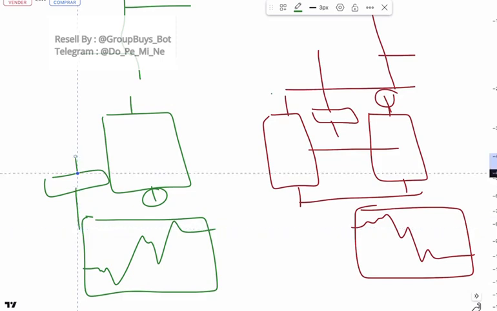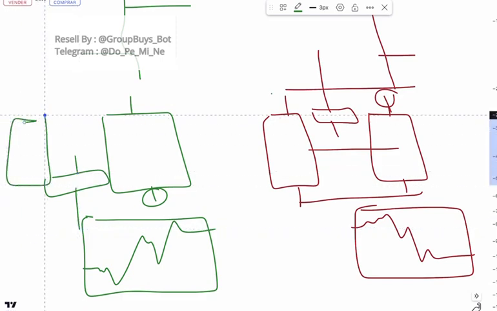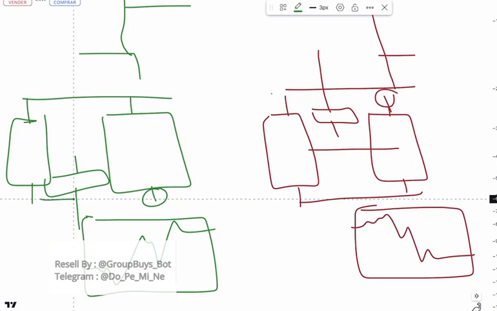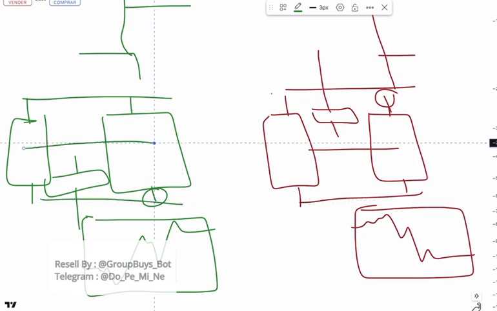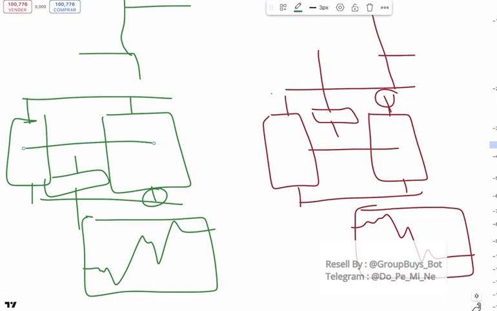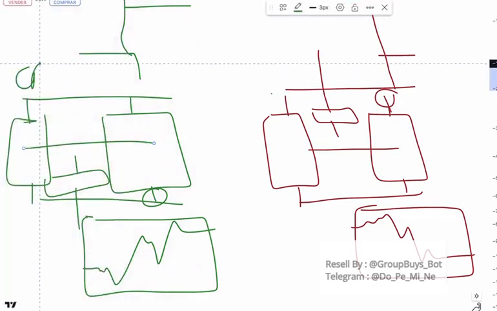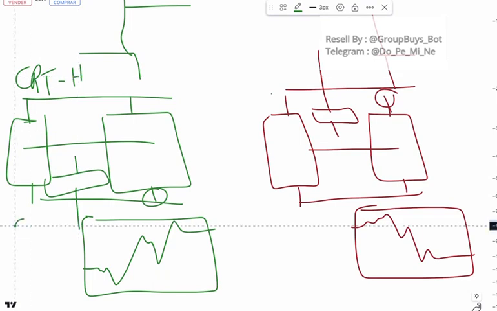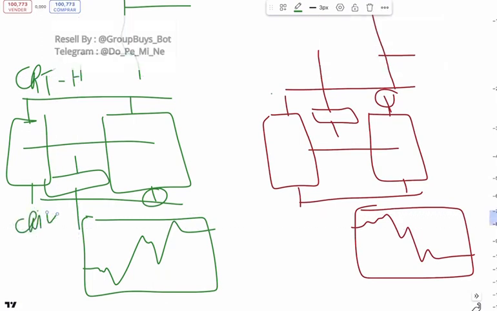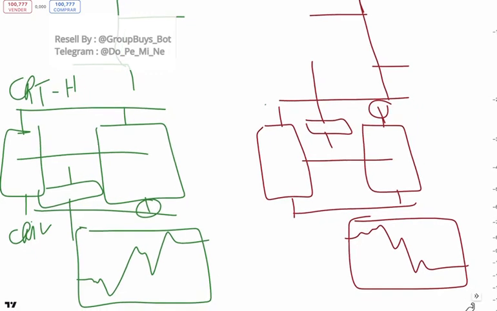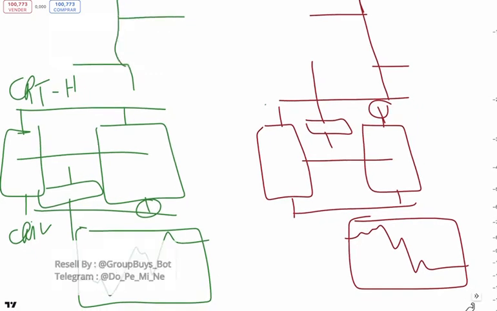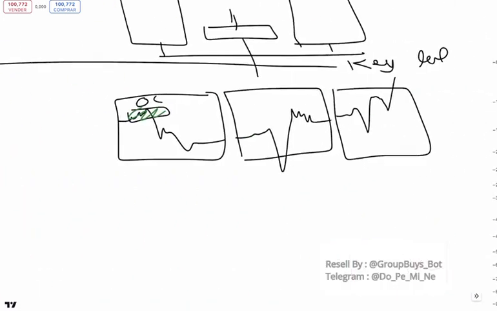Buy below the open of 3 only after you see a strong rejection and manipulation of candle number 2, targeting 50% and the high of candle number 1, right? CRT high, CRT low, and vice versa. Right?